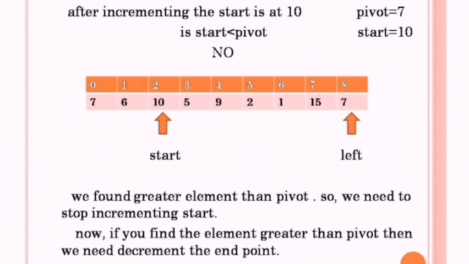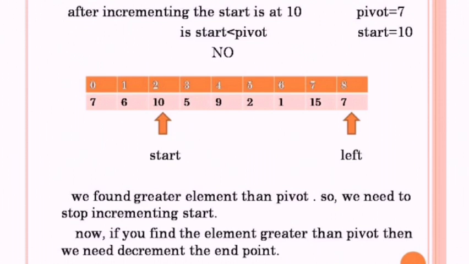Now, when the condition is false, we stop incrementing the start and we start moving the end from the right side. We found a greater element than pivot here, so we need to stop incrementing start.